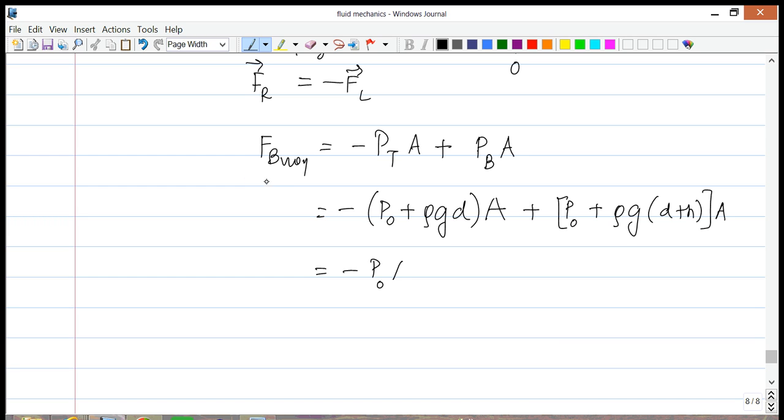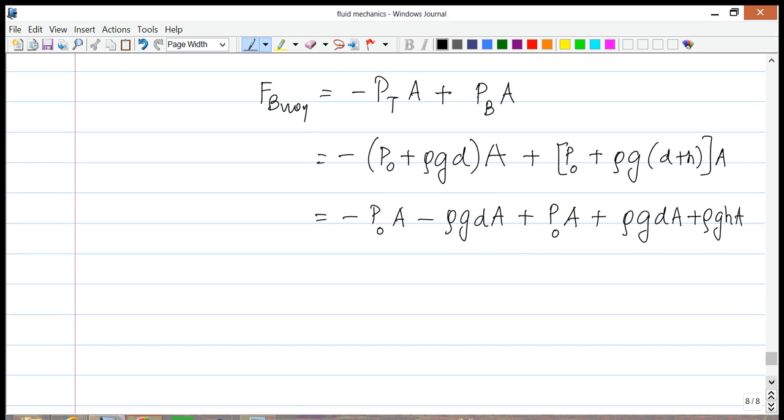So we get negative P0 A, negative rho g d A, plus P0 times A plus rho g d A plus rho g H A. Now let us look at all these expressions.